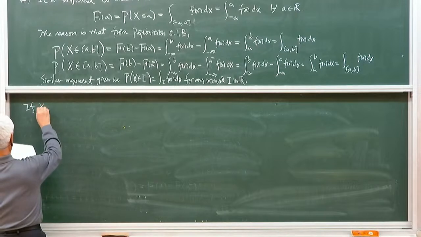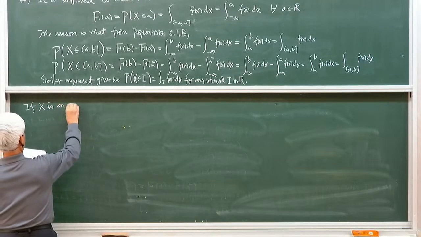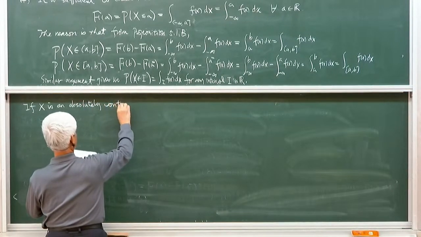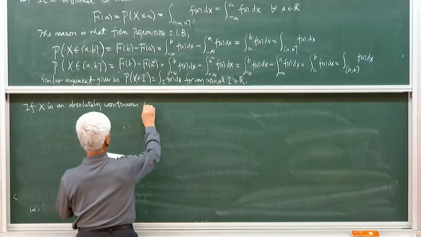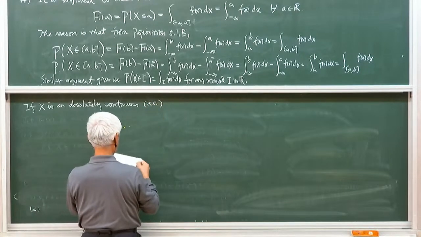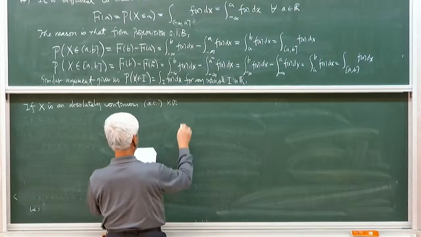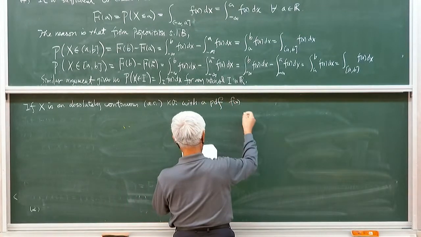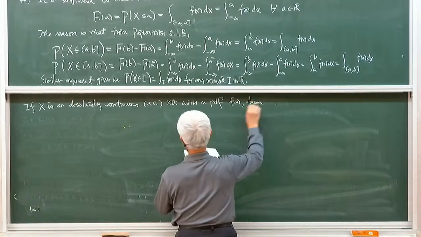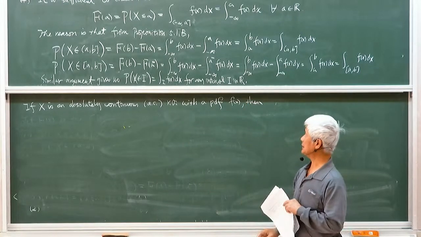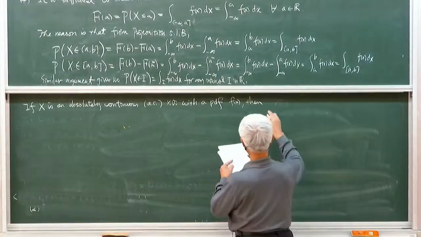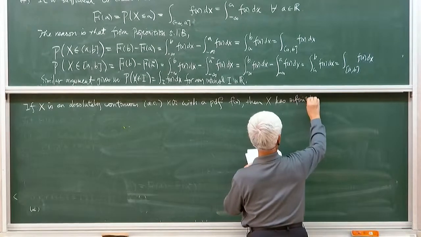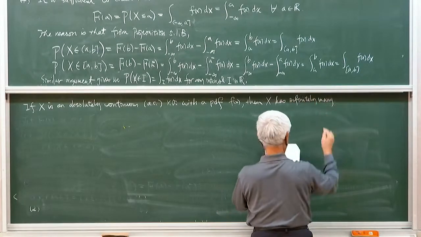So if X is an absolutely continuous, later on we will say AC, random variable with a PDF f of x, then X has infinitely many PDFs.